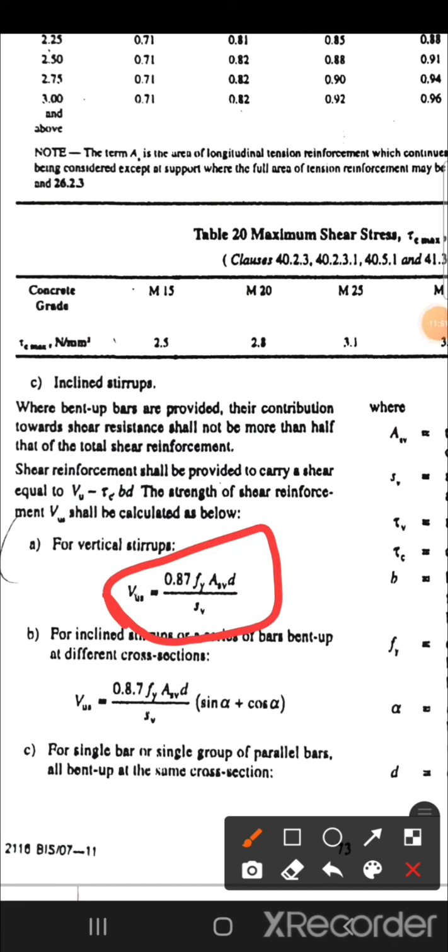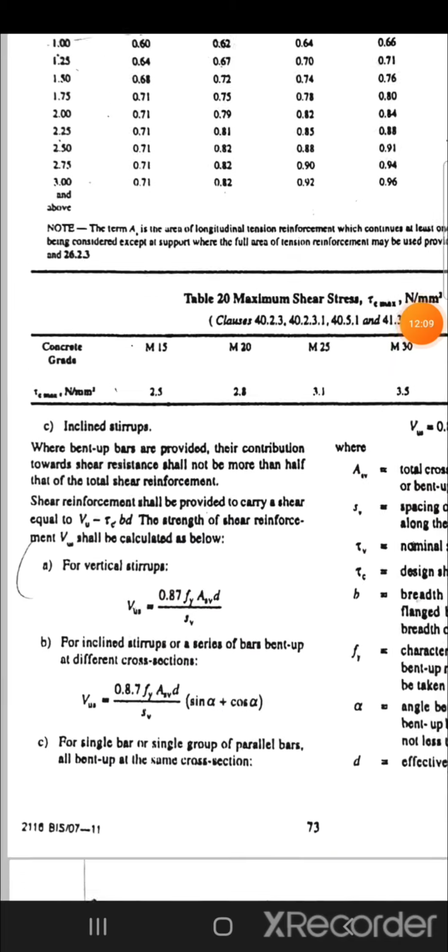For vertical stirrups, Vus equals 0.87 into Fy into Asv into d by spacing. Vus formula is Vu minus tau c into b into d. This is in IS456 page number 73.